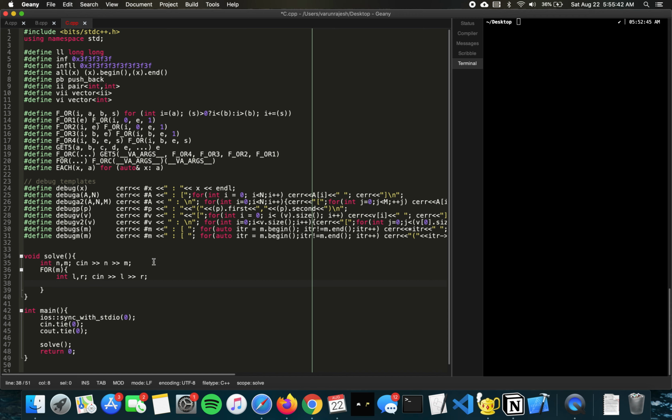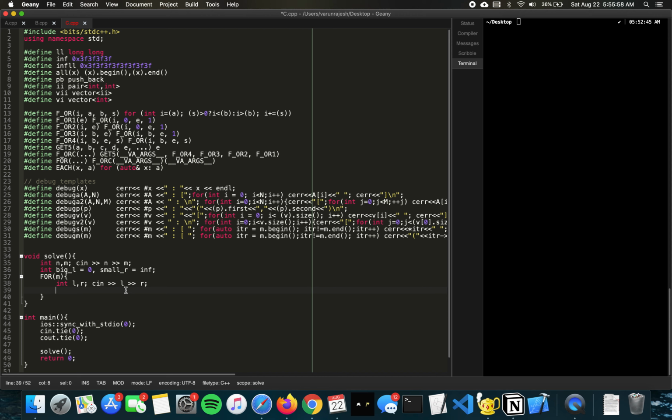So we want the biggest L, which is initially at 0, and the smallest R, which is initially at infinity, right?